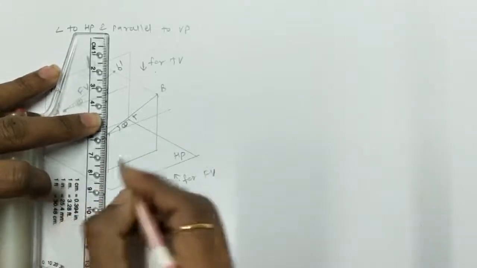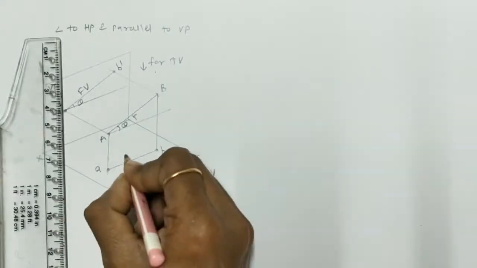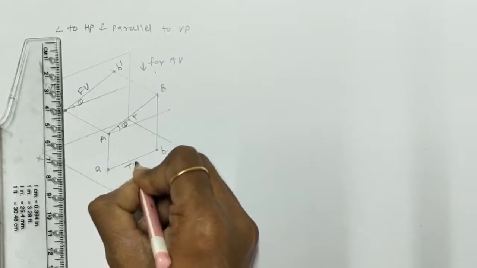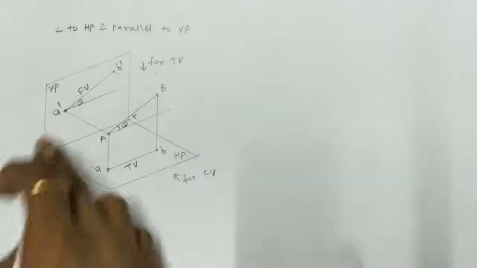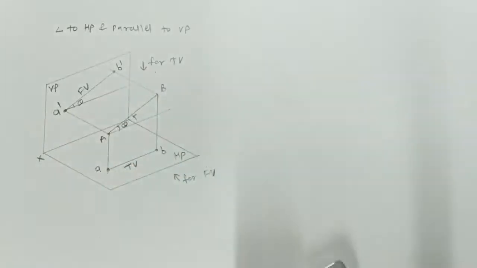I will extend this line. So this is the point A and B and this is the top view. So this is front view, this is top view, and this is our line.